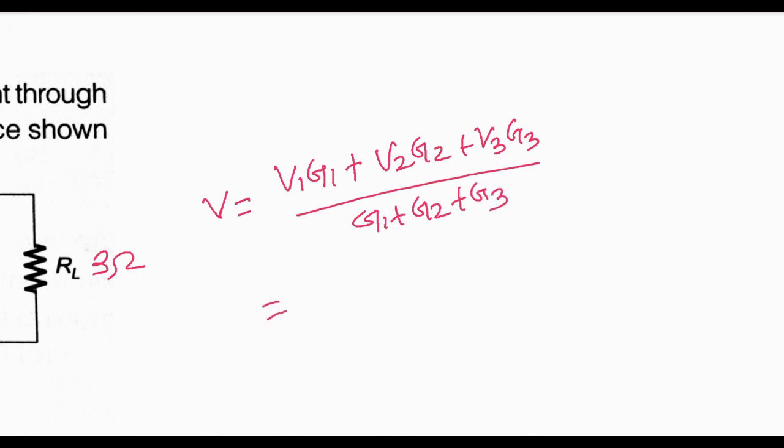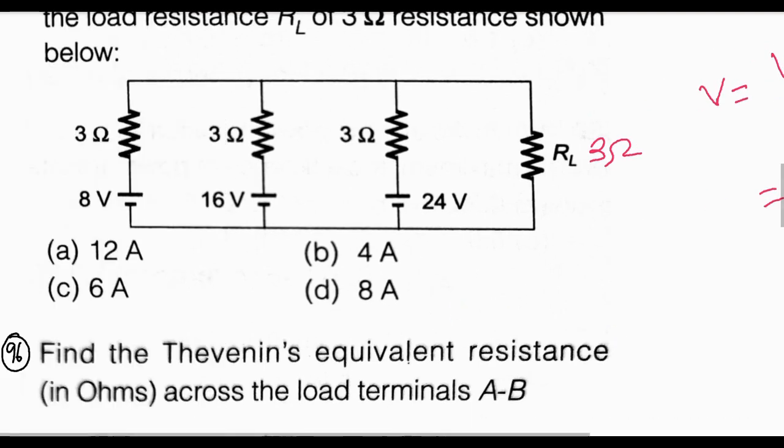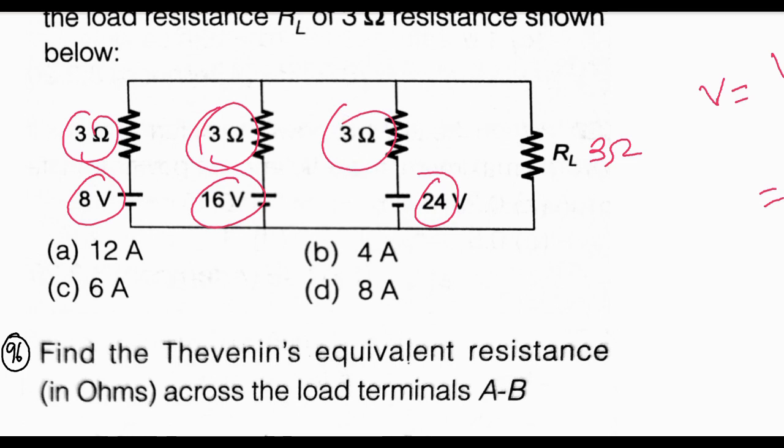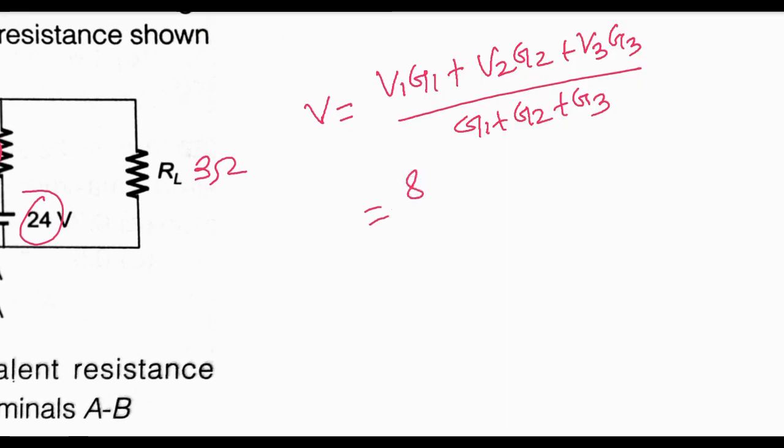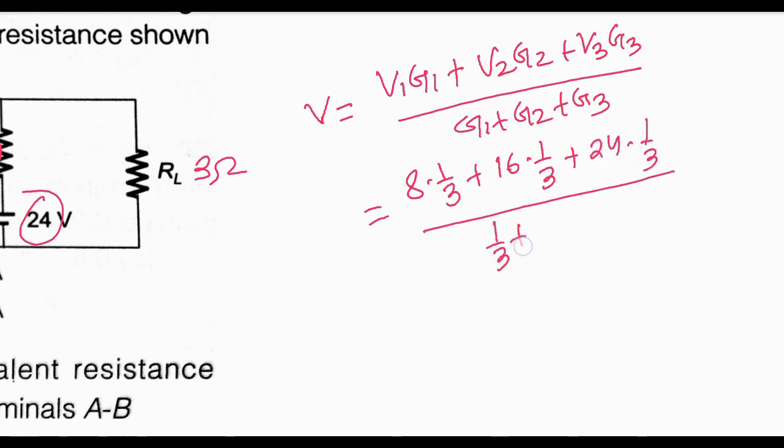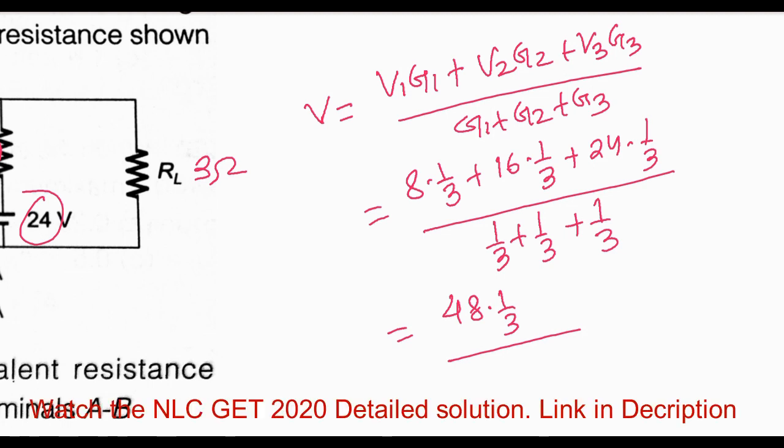As given here, this one is 8, 3, 16, 3, 24, 3. So I am writing 8 into 1 by 3 plus 16 into 1 by 3 plus 24 into 1 by 3, by 1 by 3 plus 1 by 3 plus 1 by 3. The denominator, 3 by 3, will be 1, and this will be 48 by 3, this will be 16 volt.